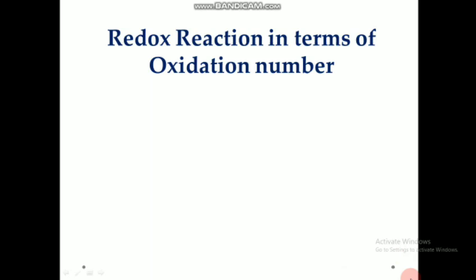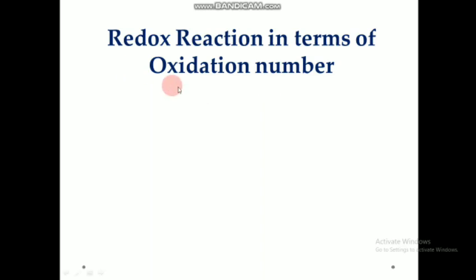So now we are going to the next portion, which is redox reaction in terms of oxidation number. So redox reaction we have defined through many methods like the electron transfer, the competitive electron transfer, all those we have seen. So it's another definition for redox reaction we are giving in terms of oxidation number. It is actually similar to that of electron transfer only.